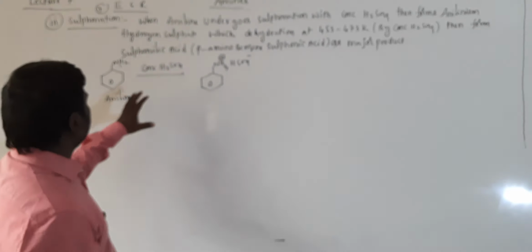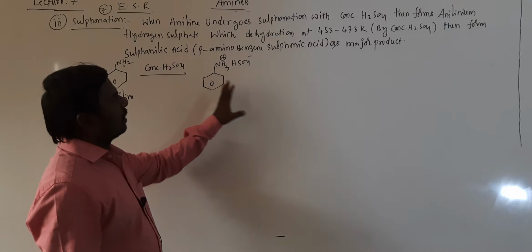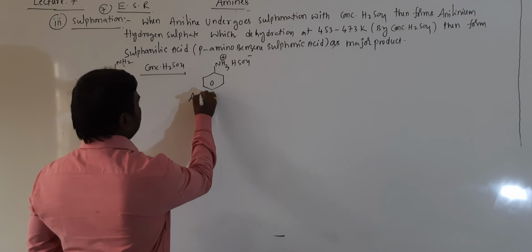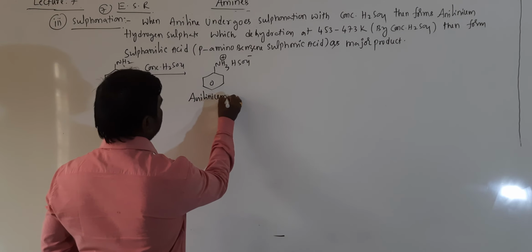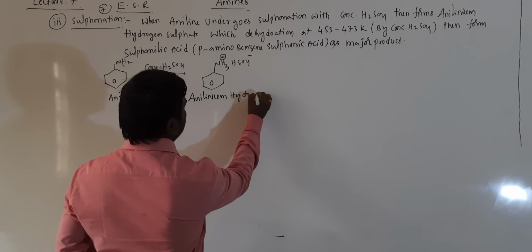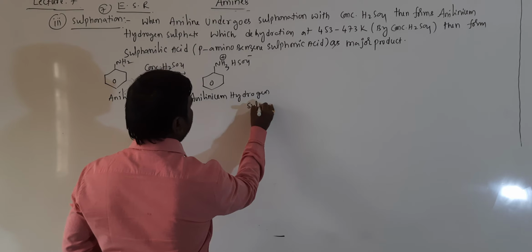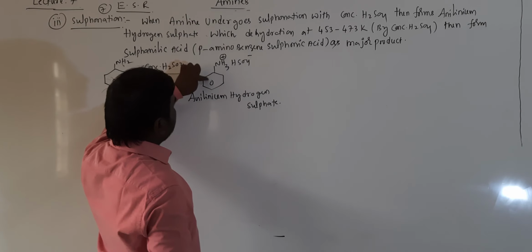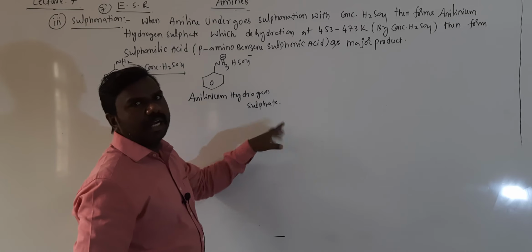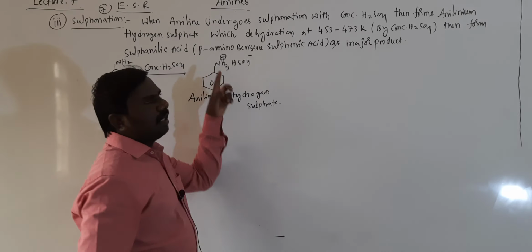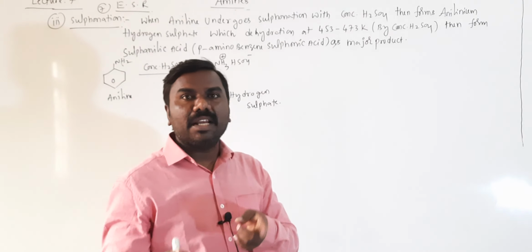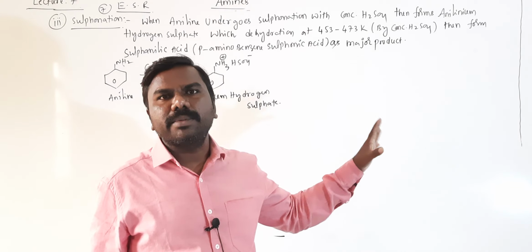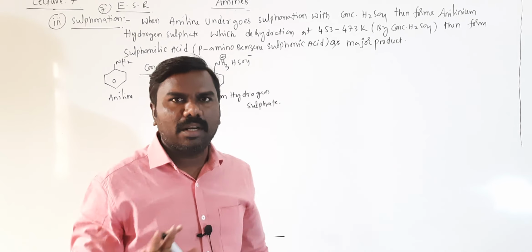On concentrated sulfuric acid, then forms anilinium hydrogen sulfate. Okay, students. Benzene NH3 plus is anilinium hydrogen sulfate. NH3 plus is less activating when compared with NH2. That's why we are getting only mono substituted product but not tri substituted product, remember.